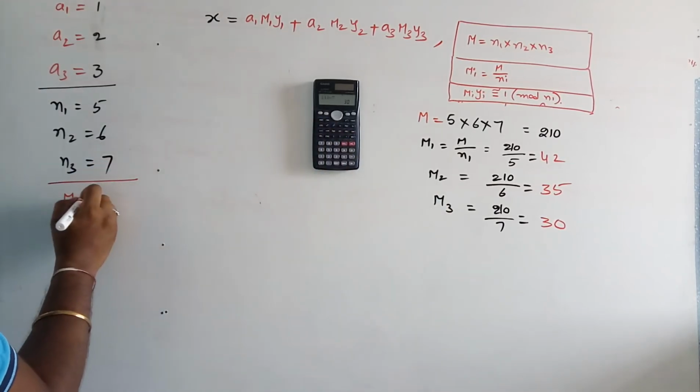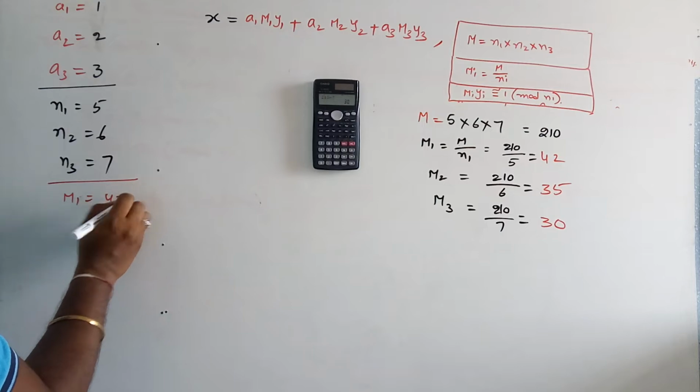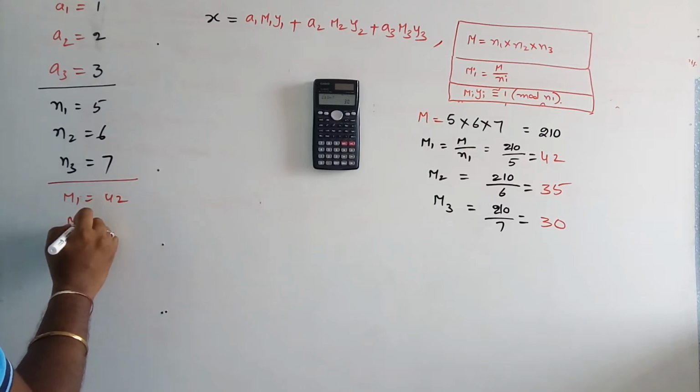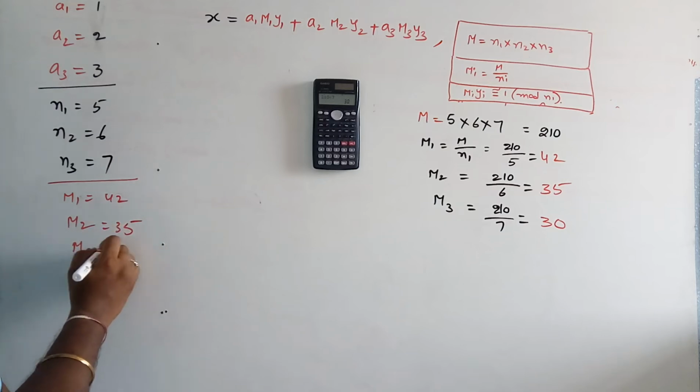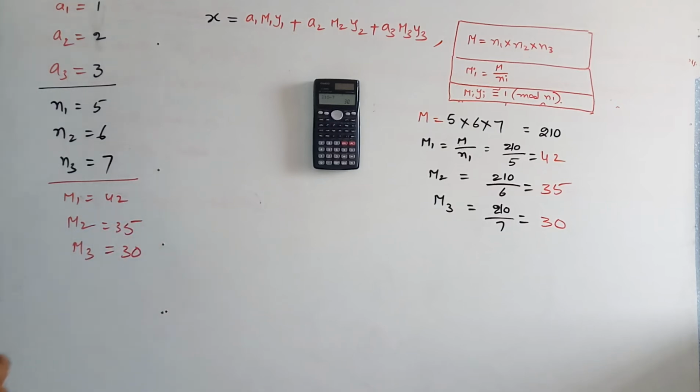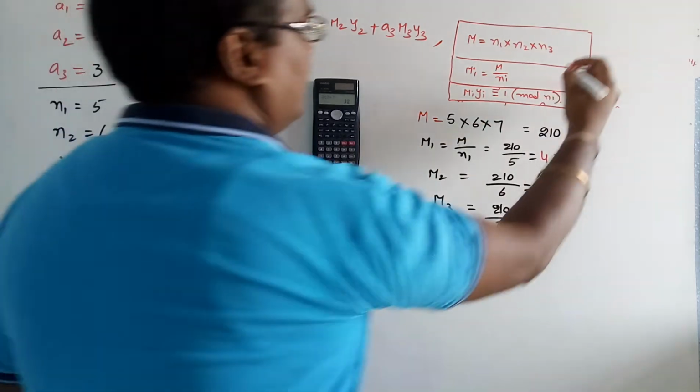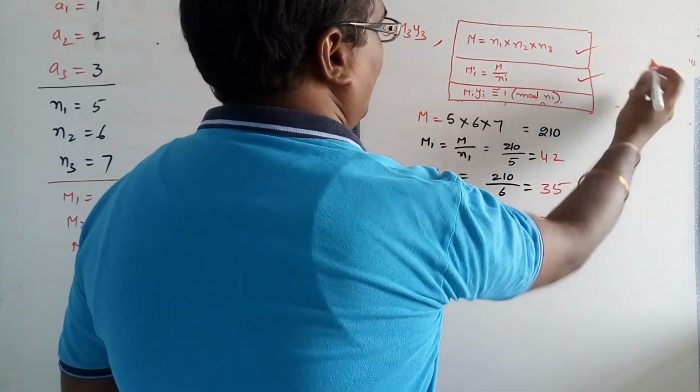Therefore, M1 is equal to 42, M2 is equal to 35, M3 is equal to 30. Okay, these two are over.